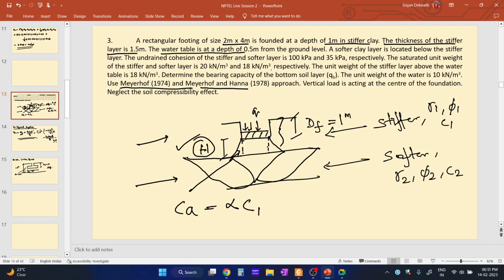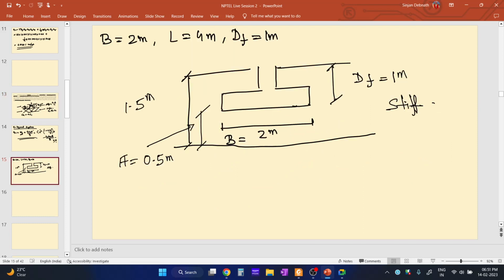The water table is at a depth of 0.5 meter from the ground level. So the water table is over here, 0.5 meter from the ground level.